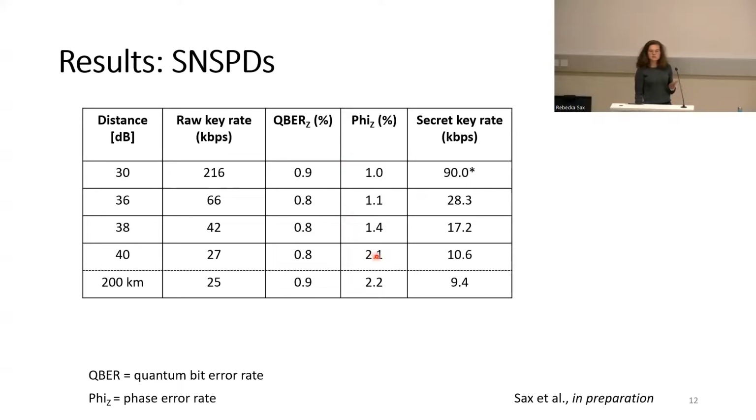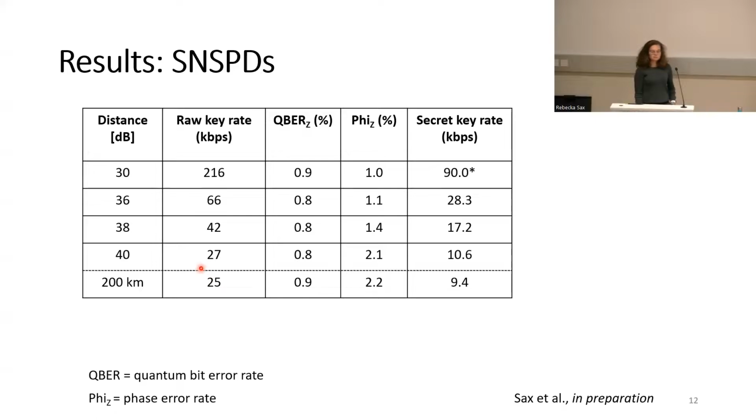One comment: the phase error rate is slightly higher at 40 dB. This is normal because we have quite a low amount of detections at 40 dB in the X basis, and so it's a bit harder to stabilize. Then we place 200 kilometers of standard single mode fiber, and we achieve here a slightly lower raw key rate than at 40 dB.